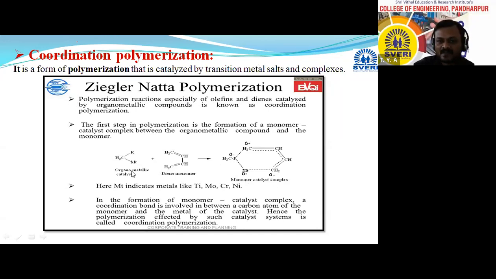And that metal will also become part of that polymer. Here you can see. In addition polymerization, we add the catalyst, but it does not become part of the polymer. It just helps to break the bond. But here in coordination, it may get added into that polymer also.